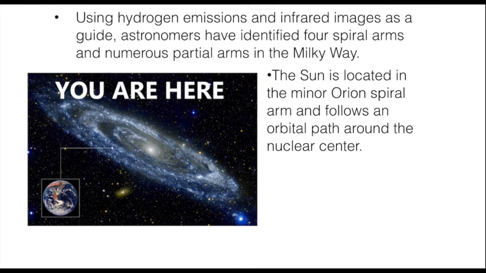So the sun is located in the Orion arm, which is the smallest, and it's about 2/3 away from the center. So that's actually where you would want to put a planet if you wanted living things to be on that planet, because the amount of radiation and the high spectrum radiation, which would be very dangerous to us towards the middle, would be too intense.